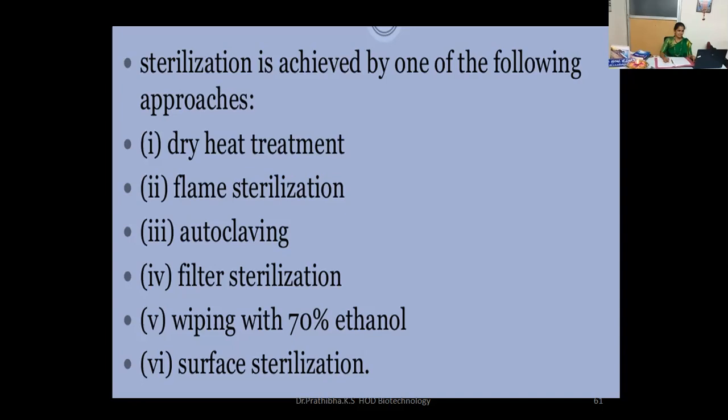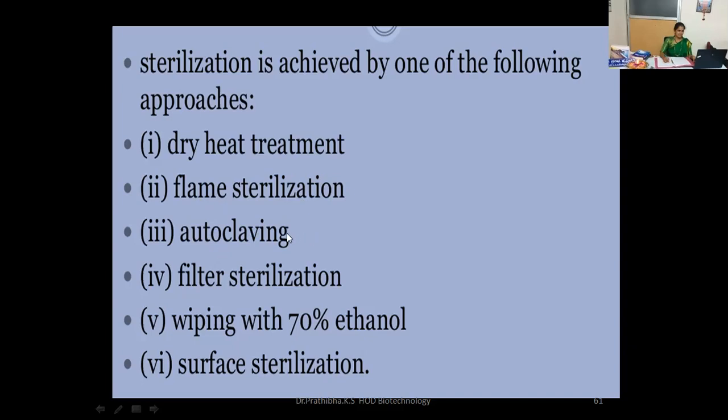It means before you plug the cap of the tissue culture bottle, and after, you expose the bottle to the flame. That is also flame sterilization. Why are we doing that? To minimize contamination.